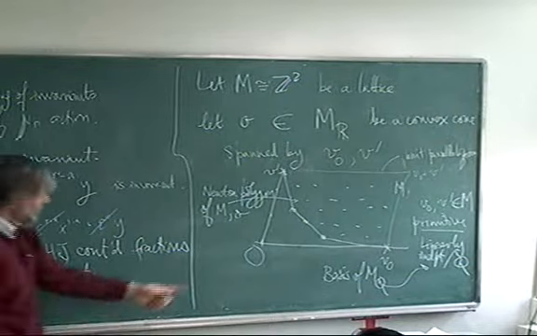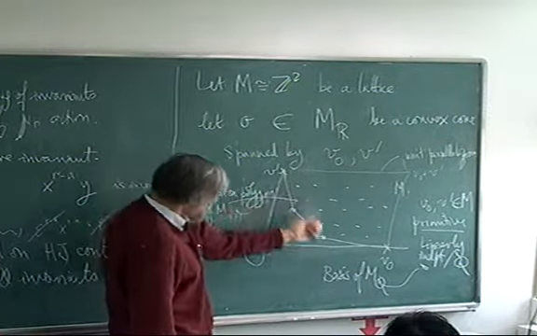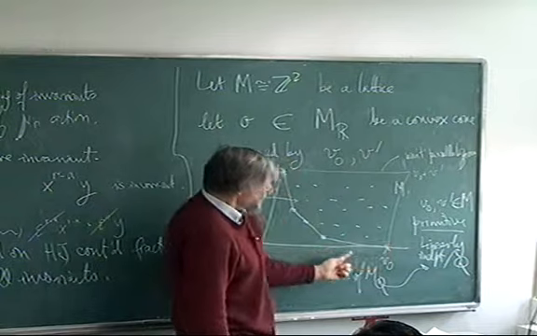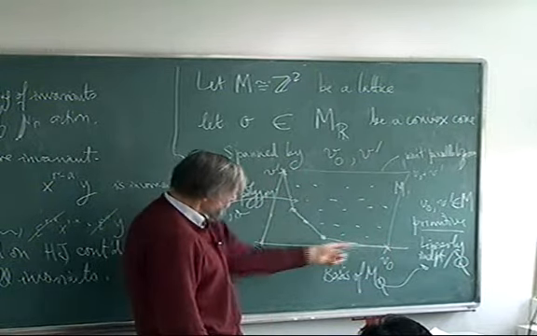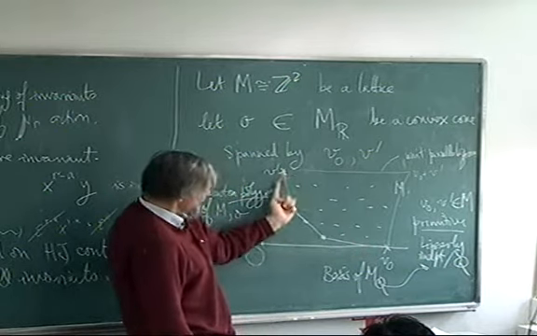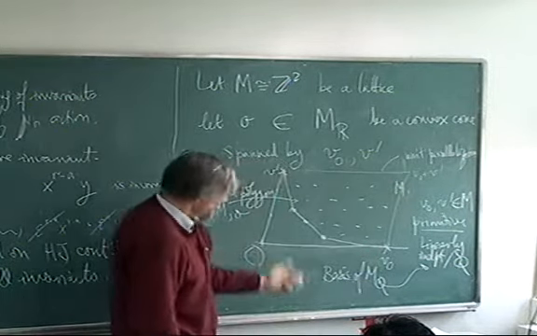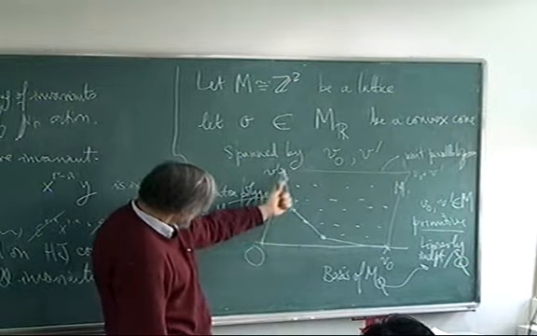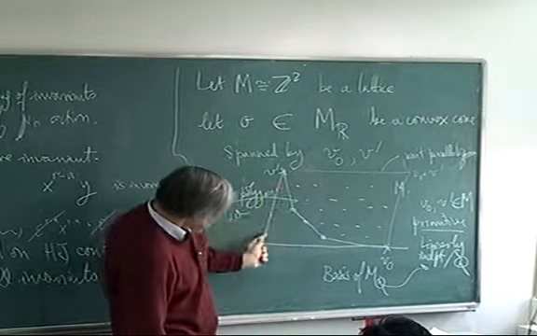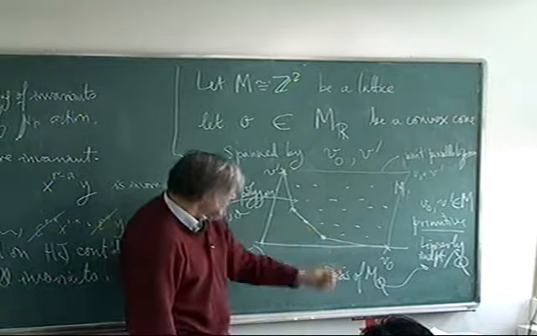Because I've got V primed and V naught, the only thing happening here is in this unit cube of the cone, and there are only finitely many lattice points here. So I'm taking all the lattice points in this thing, and I'm taking the ones that are closest to the origin.